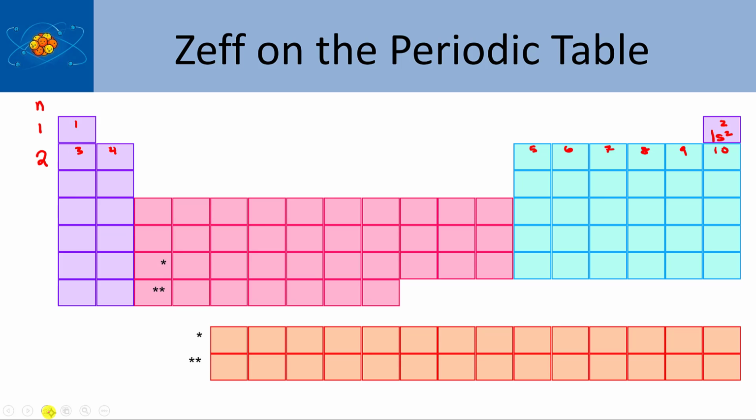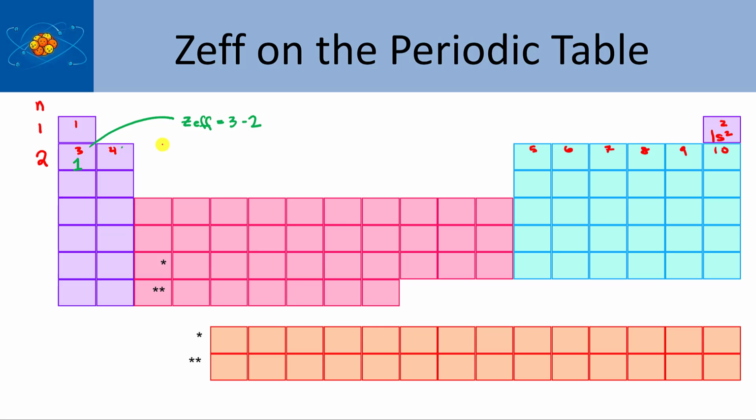So what that'll do is that'll change the situation so that instead of, for example, for lithium, this is the one we did as an example, instead of the effective nuclear charge being 3, like the nuclear charge was for the first period, then what happens is the Z effective is 3 minus 2, so this becomes 1.